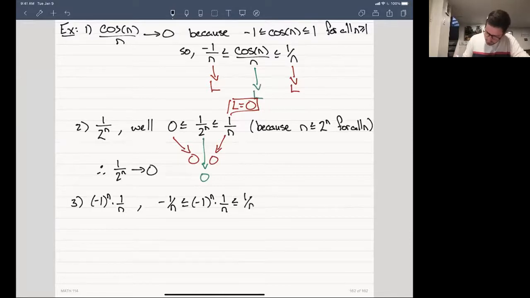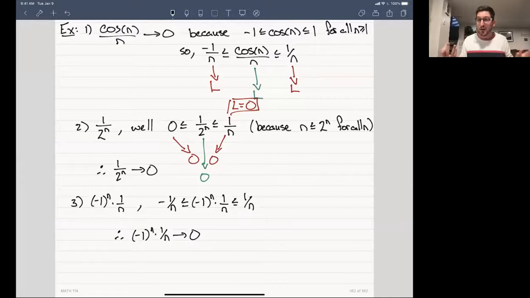And similarly, we get +1 over n here. So the bounding is basically the same as cosine. It comes from the fact that -1 to the power of n is less than or equal to 1 and bigger than or equal to -1. And so therefore, again, just using 1 over n again, that thing goes to 0.